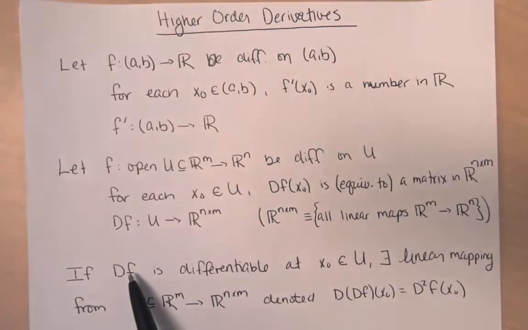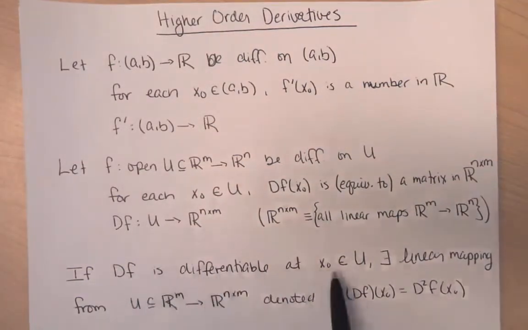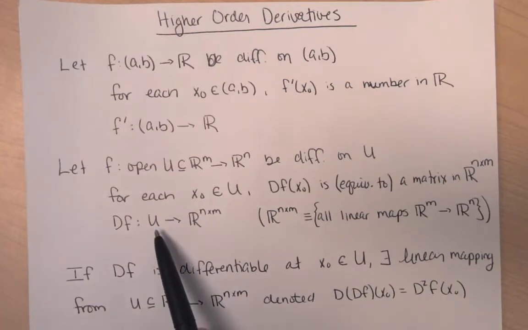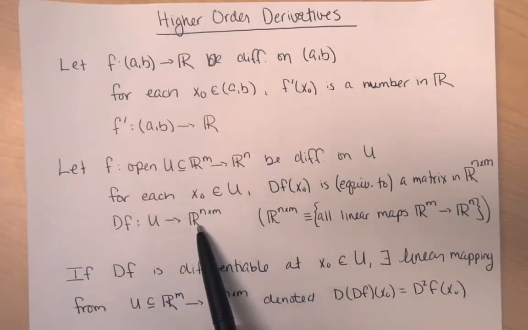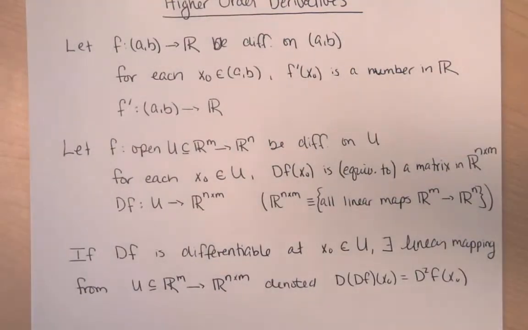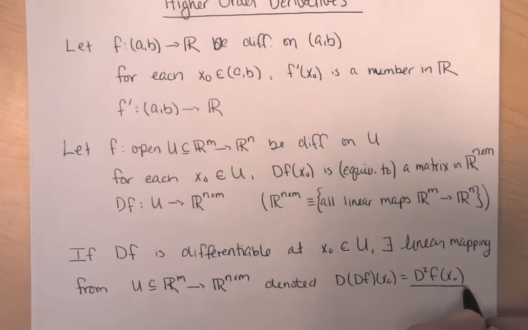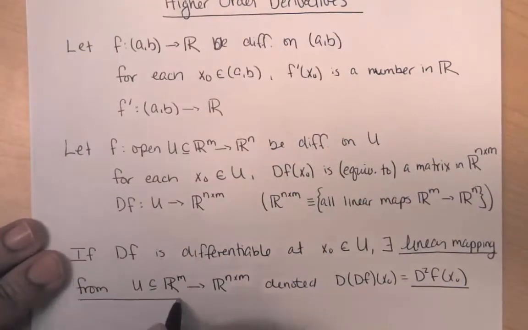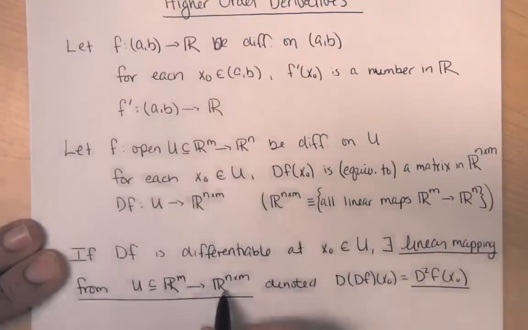So if df is differentiable, the derivative at a point is a linear mapping from the domain to the codomain, because the domain of the derivative is U in Rm, and the codomain is Rn by m. So just to recap, the second derivative at a particular point is a linear mapping from Rm to Rn by m.